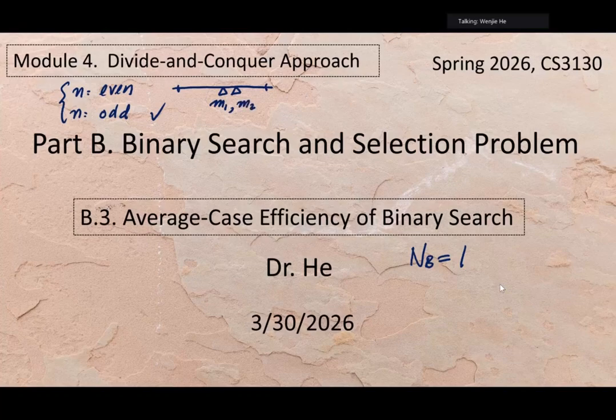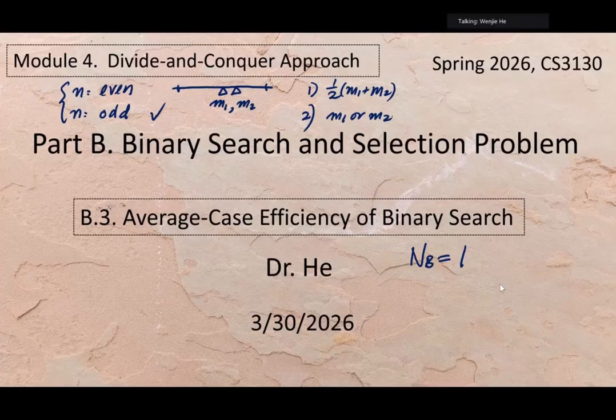So one possible definition is the average of M1 and M2. But there are other possible definitions. We can just use one of the two candidates, M1 or M2. That's also a reasonable definition.